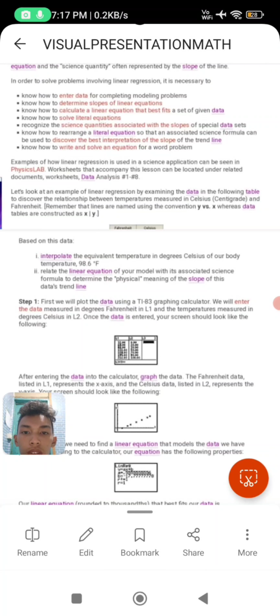Know how to rearrange literal equations so that the associated science formula can be used to discover the best interpretation of the slope of the trend line. Know how to write the solved equation for a word problem.